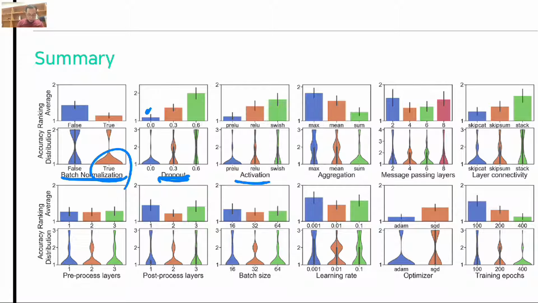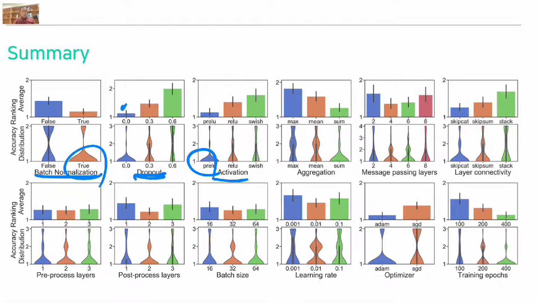For activation, PReLU worked better. Aggregation function sum is better.